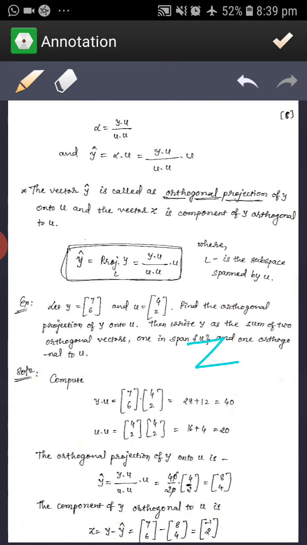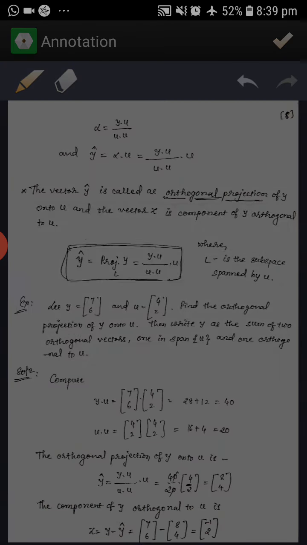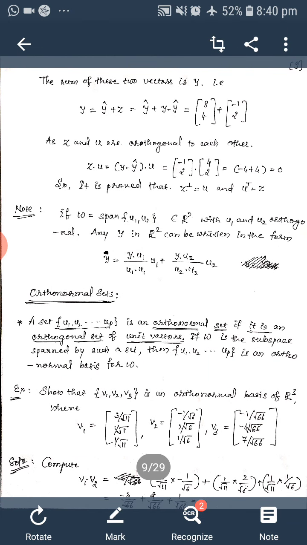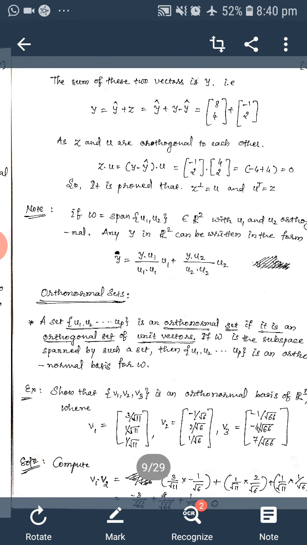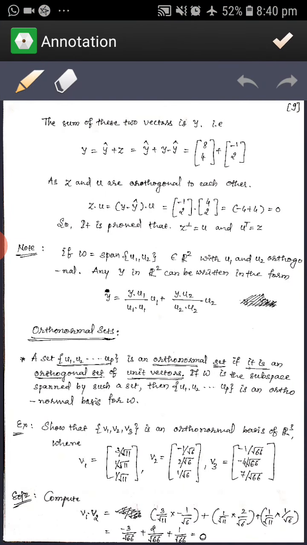The orthogonal component is z. So z is equal to y minus y cap. We already know y, and y cap is 84, so it becomes minus 12. Then the other component is, so here we have calculated z. Here y is equal to y cap plus z, where z is y minus y cap.